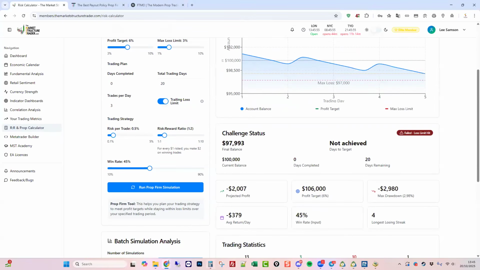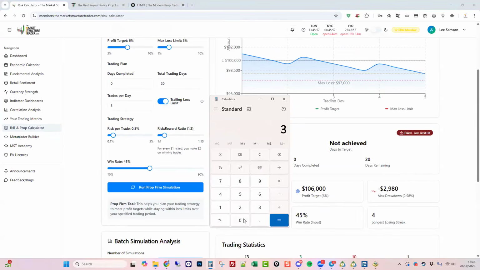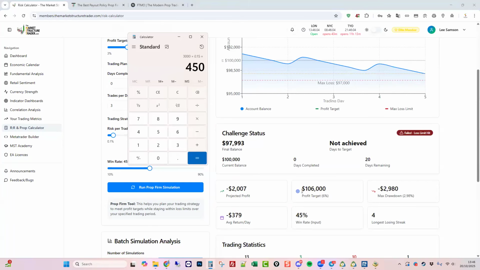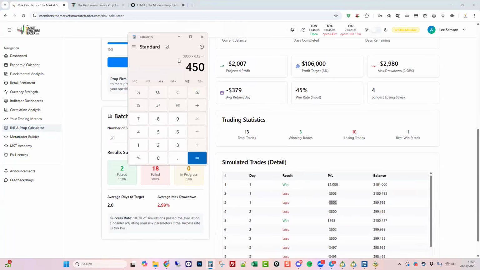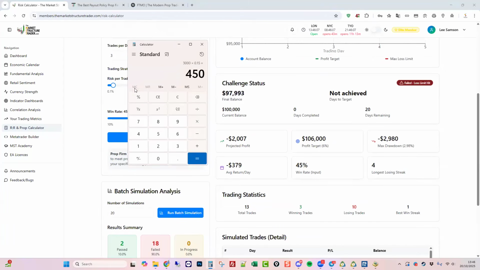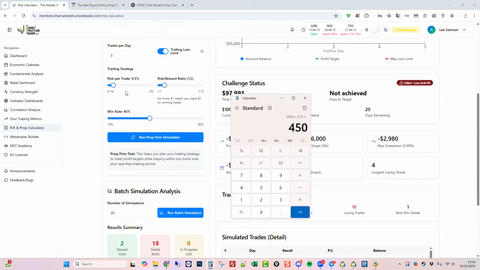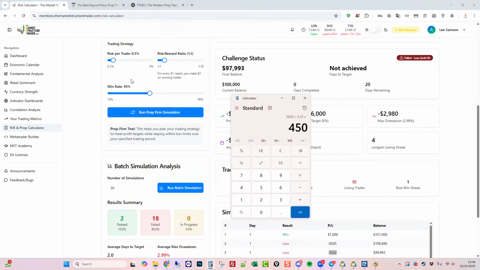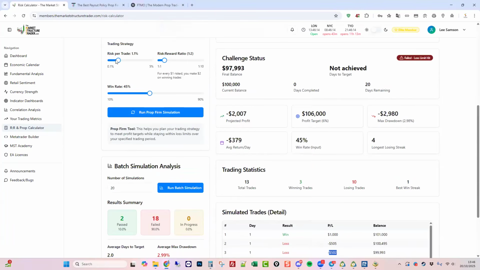So get my calculator out again: 3,000 times 15% is $450. So $450, that's roughly going to be 0.5 to 0.7. Yeah, 0.5 to 0.7. That's where I would look to place my risk of your total starting balance.